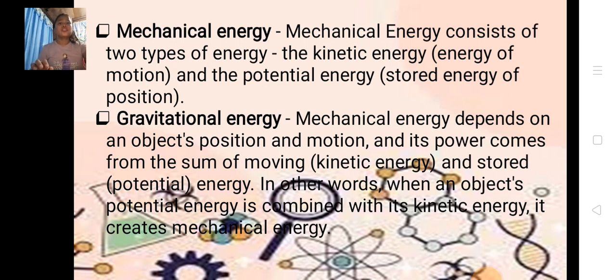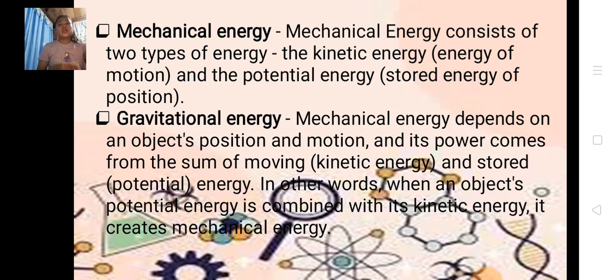So now let's proceed to gravitational energy. Gravitational energy depends on an object's position and motion. So naghapon si kinetic energy and potential energy. In other words, it is the energy stored in an object due to its height above the ground.